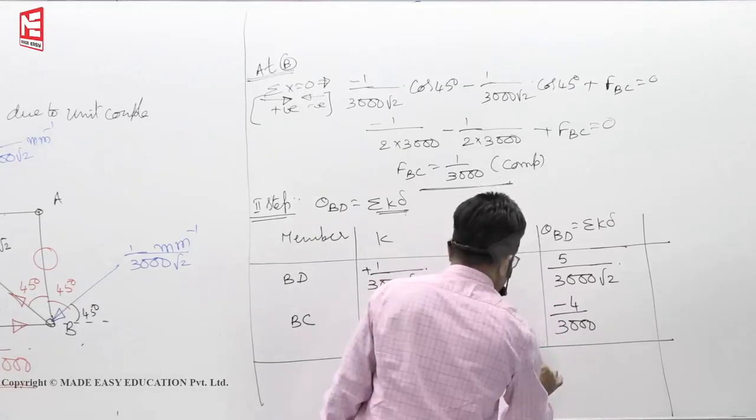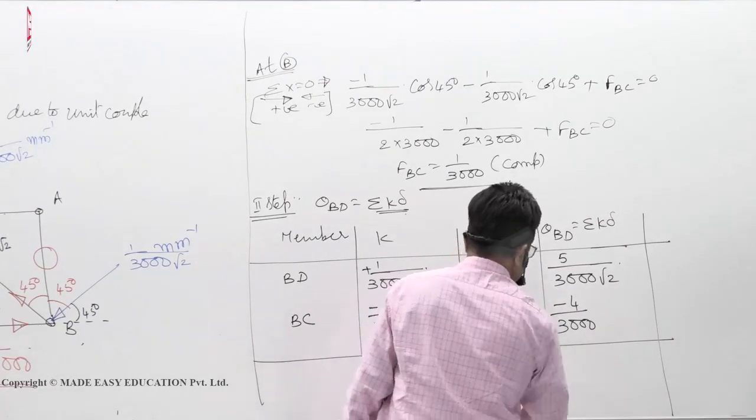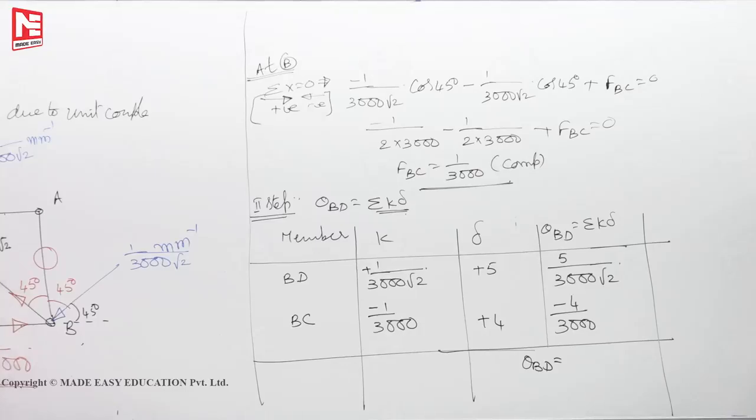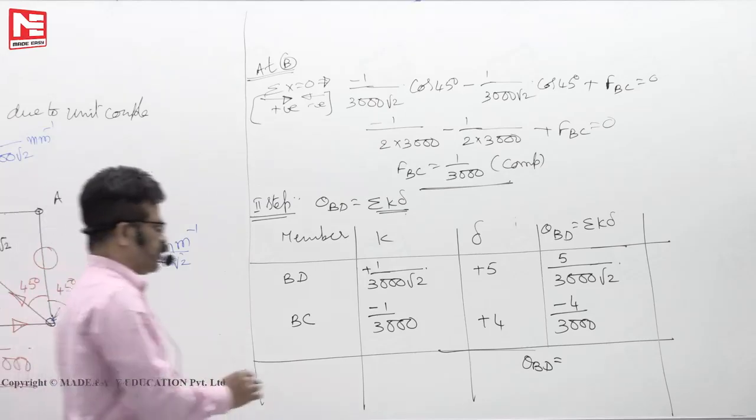So you will get theta BD, a simple calculation. You will get minus 1.54 into 10 to the power of minus 4.